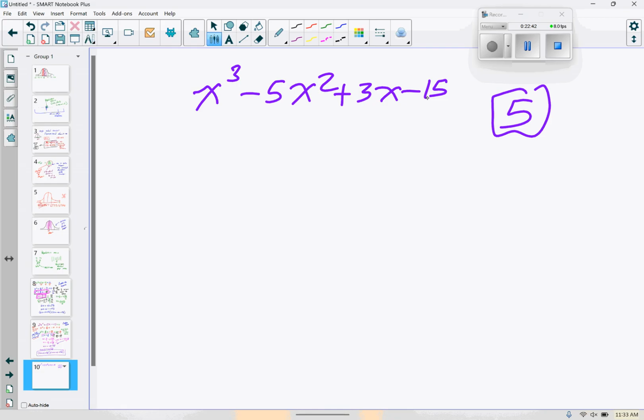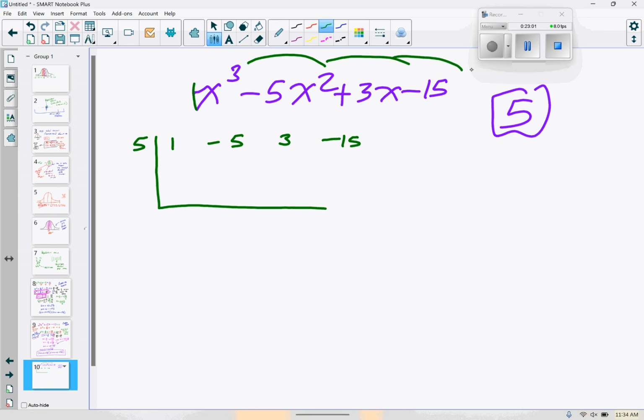Okay, so you've seen it. I'm not saying you're perfect at it, but you've seen it. Synthetic division is kind of like the miracle occurs. You have to make sure you list all of your values and signs, and you don't have any gaps. So I have x to the third, x to the second, x to the first, x to the 0, so that works.